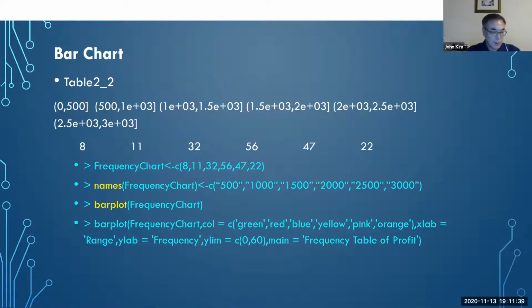There was uploaded data, and then we use profit column variable. Then we found frequency like this.